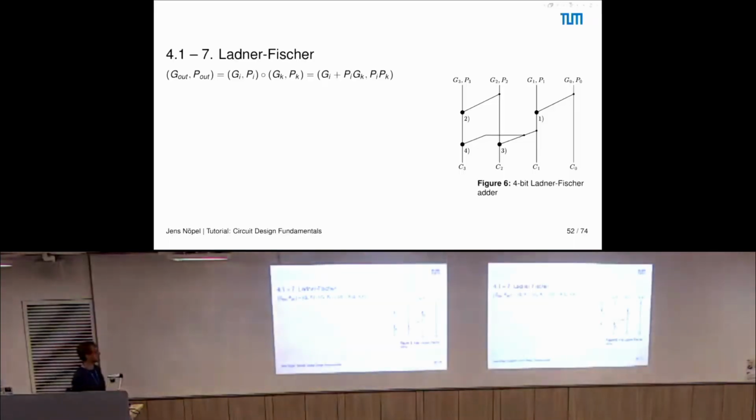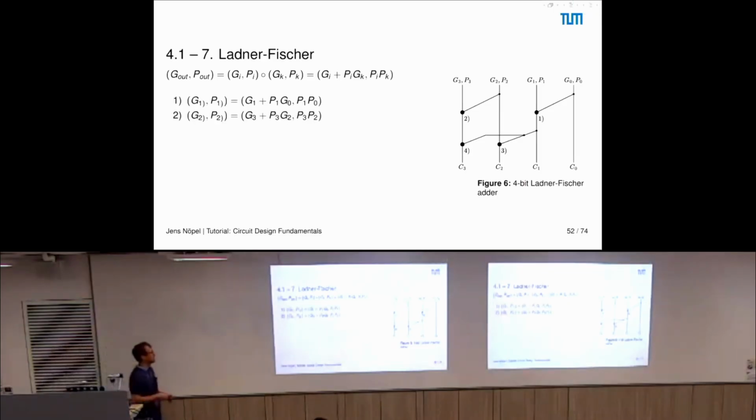So hopefully it is. But same procedure as before. For the intermediate nodes, we do exactly the same thing again. It's just plug and play. So for this one, we first take this one as the left side and this one as the right side. So this is I, this is K, and then plug it in, get the formulas.